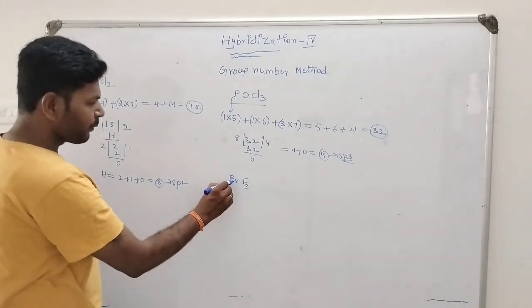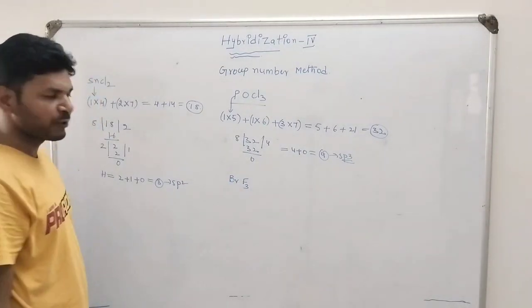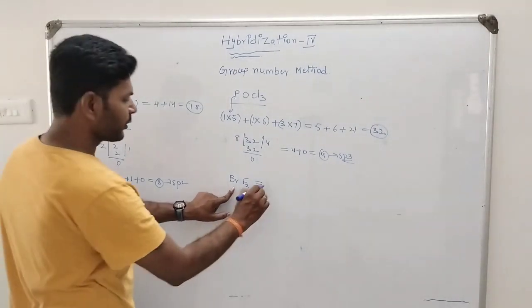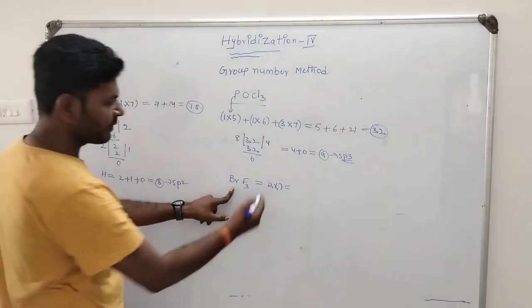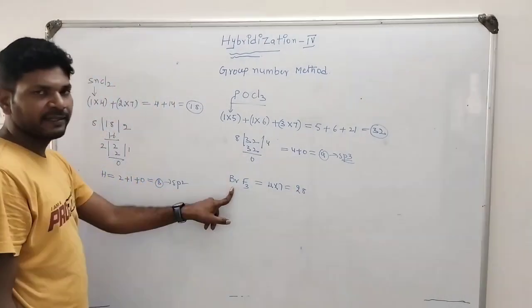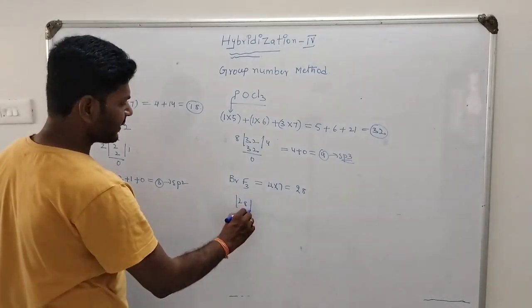Br, bromine, is a 7th group element, fluorine is also a 7th group element. For that we can directly take total 4, 4 into 7. So what is the resultant value? 28. If it is 28, divide with 8.